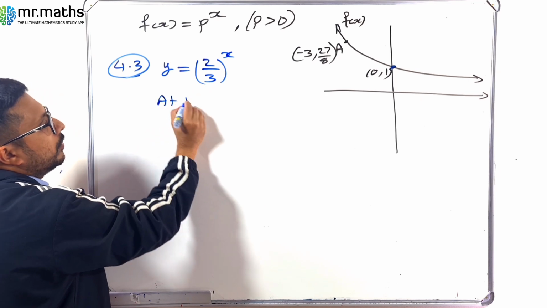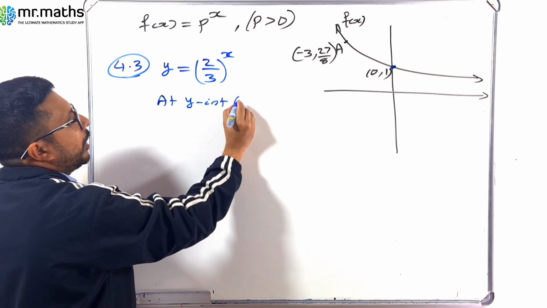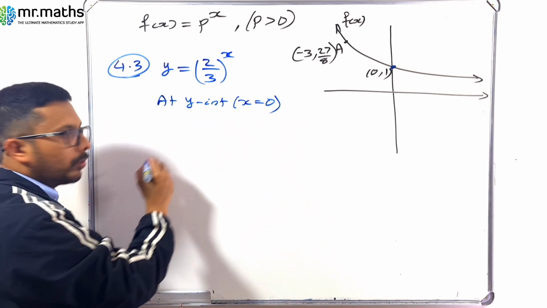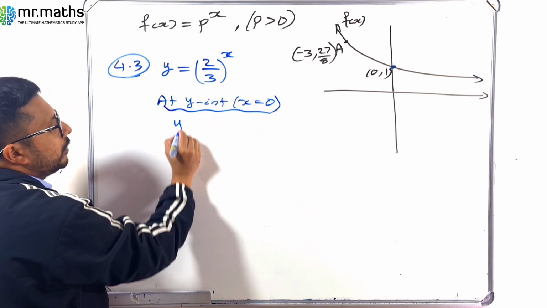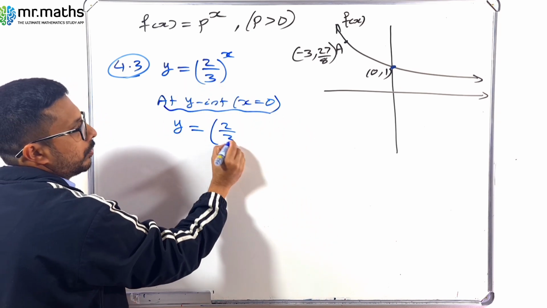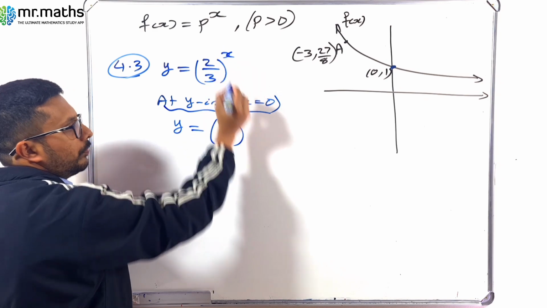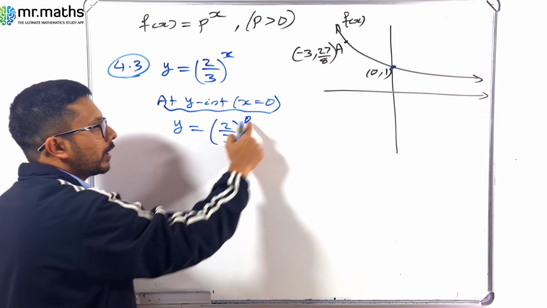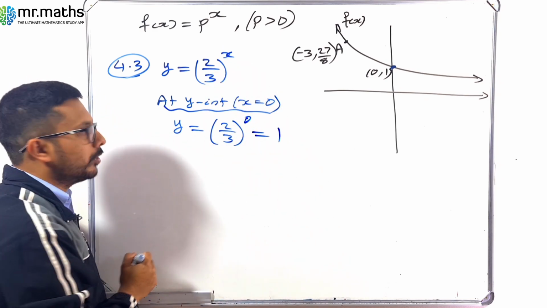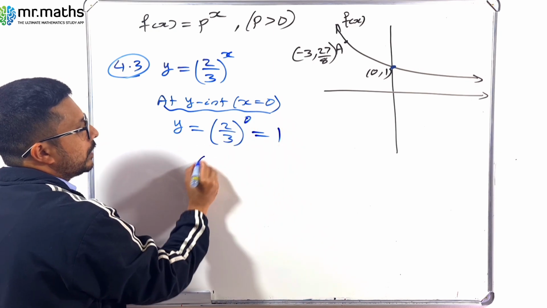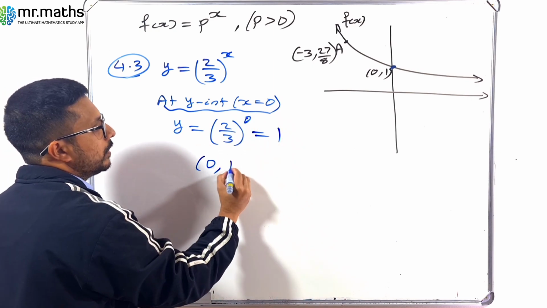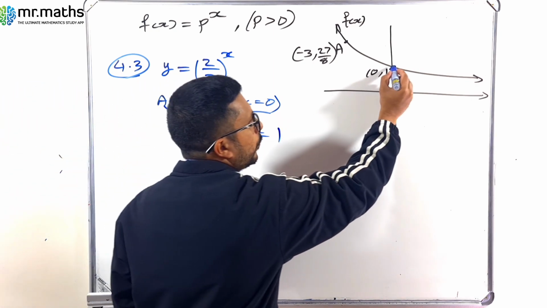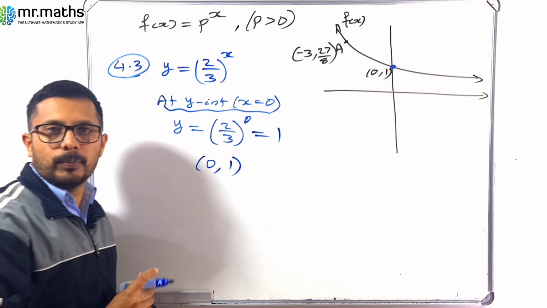So if you substitute x as 0, 2 over 3 raised to 0, any number raised to 0 is 1. So x is 0 and y is 1, so the y-intercept is (0, 1).